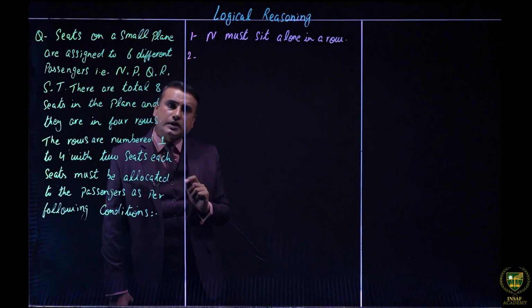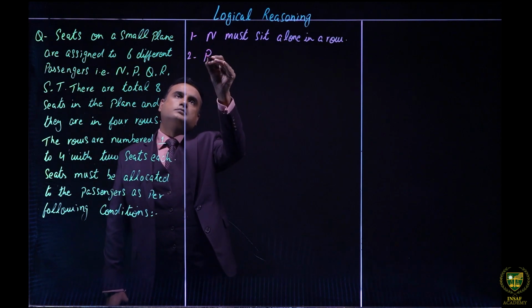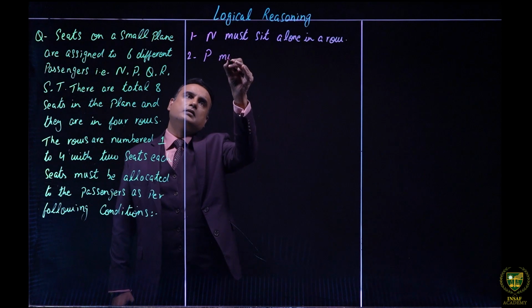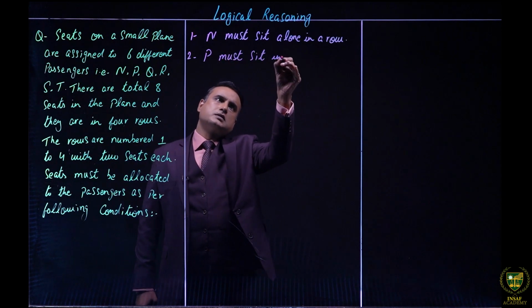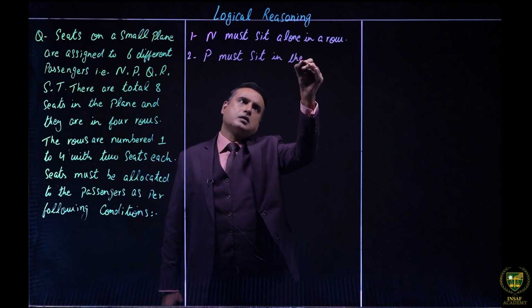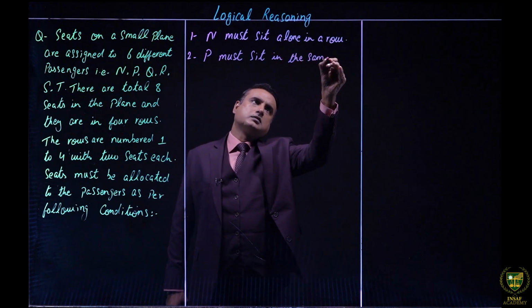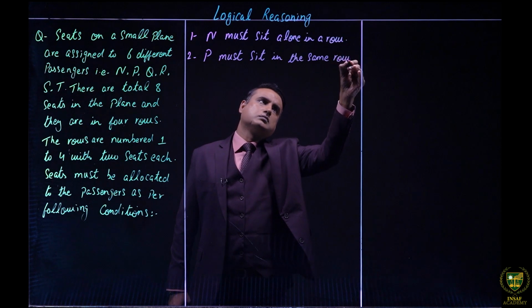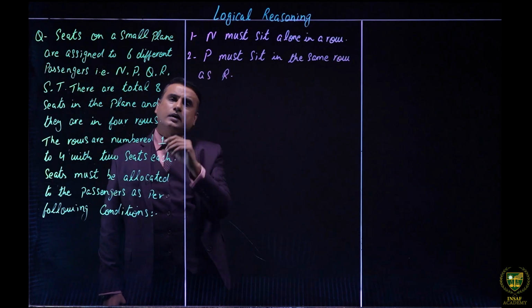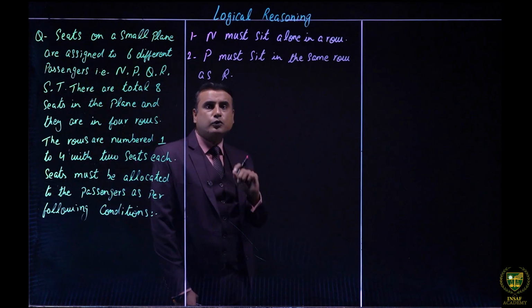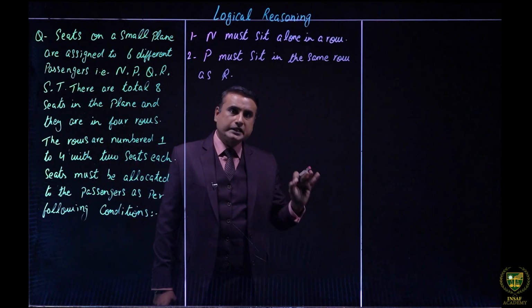The second condition is P must sit in the same row as R. कि P और R को क्या होना चाहिए? They must be in the same row.